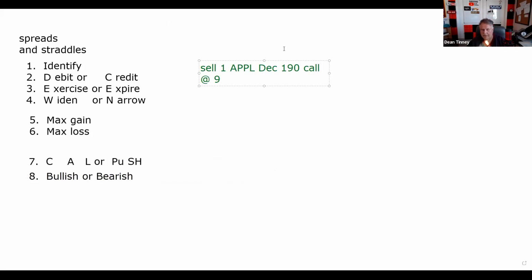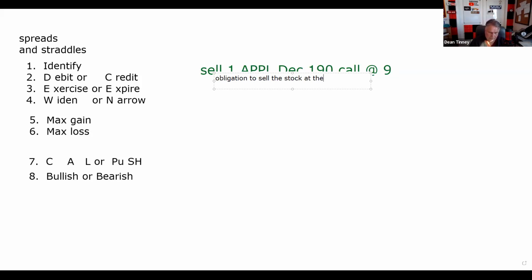By the way, you shouldn't be messing around with advanced option strategies until you're pretty solid on the basics. You shouldn't be struggling. If you are, then you shouldn't be doing anything with spreads. This is an obligation to sell the stock at the strike price. SP means strike price. And I'll tell you when the conversation becomes testable.